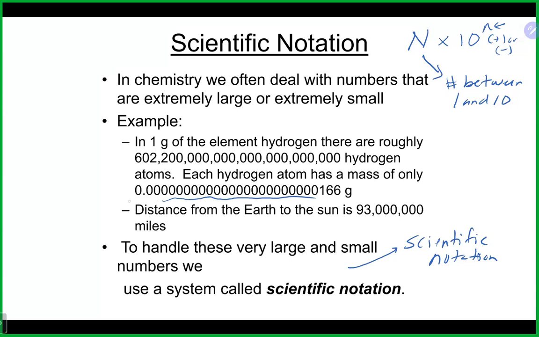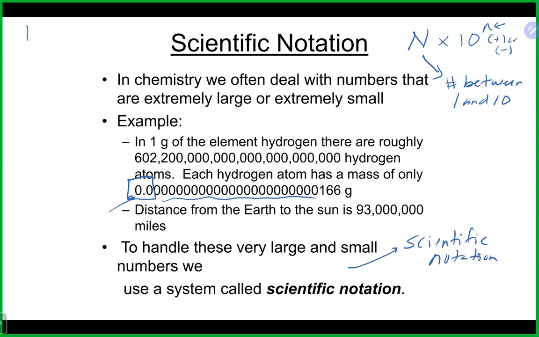By the way, when you write a decimal like that, it is a really good thing to put a 0 in front of the decimal, like you see here, and not just go decimal zeros. It should be like 0 point something. It's a really good habit to get into so numbers don't run together as you're writing them. So we use scientific notation to help us take care of these big numbers or small numbers.